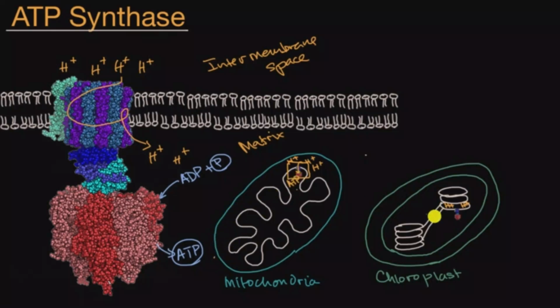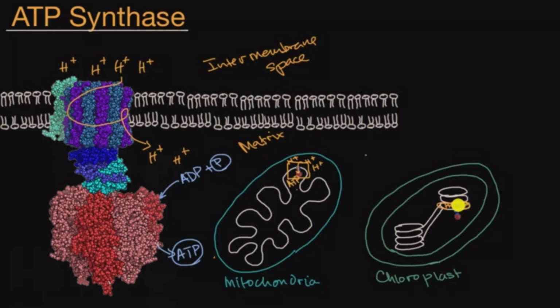Now in chloroplasts, the hydrogen protons build up inside the thylakoids, which are these parts of the chloroplast. That space inside the thylakoid, it's often called the thylakoid space, sometimes called the lumen. That proton buildup inside the thylakoids happens because of the light reactions, the first phase of photosynthesis.